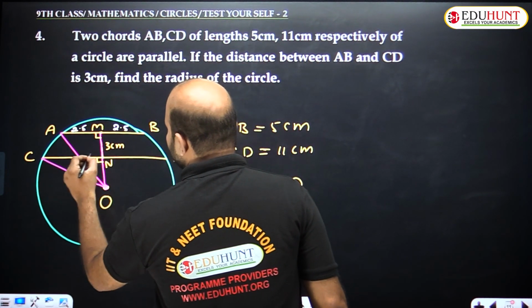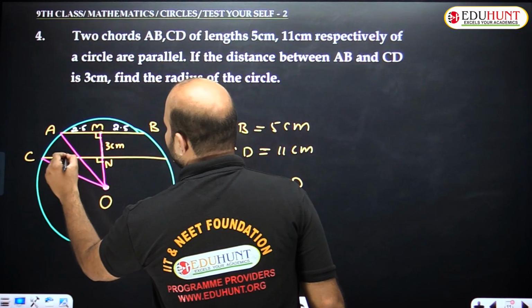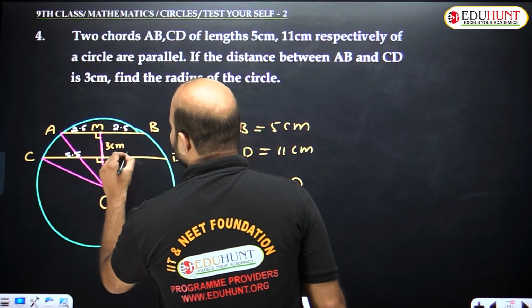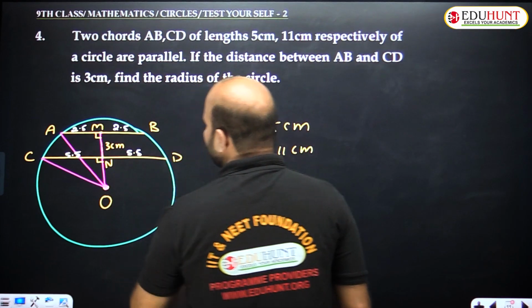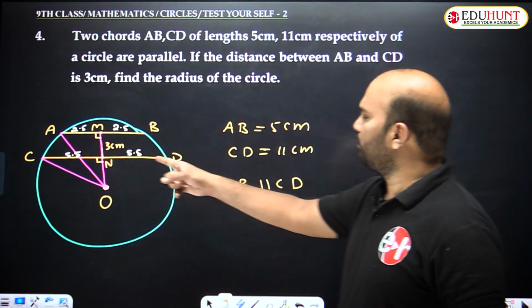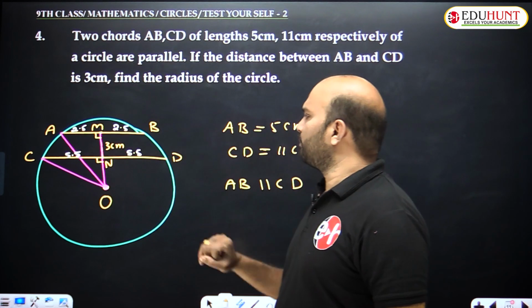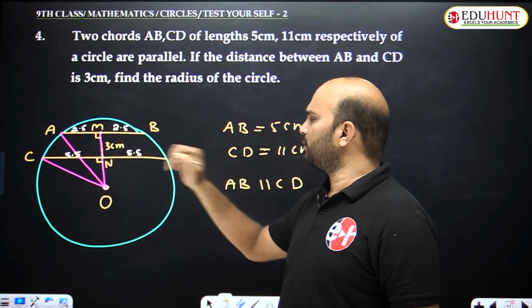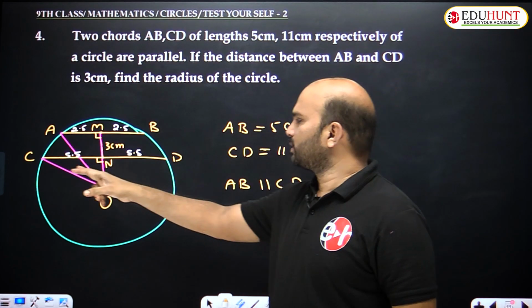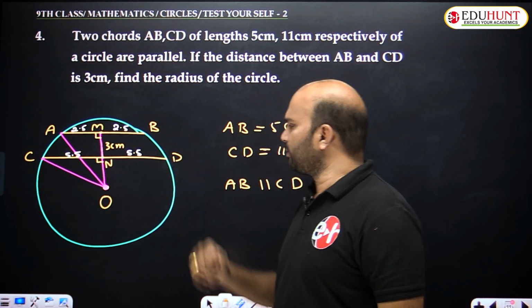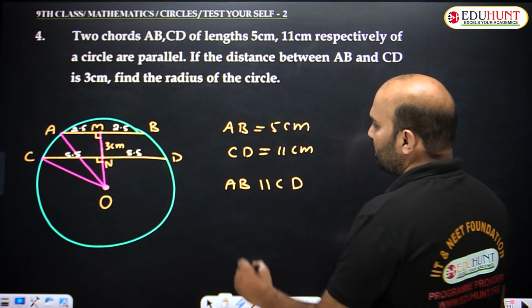Half of the value is 5.5, so ND equals 5.5 and CN is also 5.5. So AM equals MB equals 2.5, and CN equals ND equals 5.5. But the question asks for the radius.